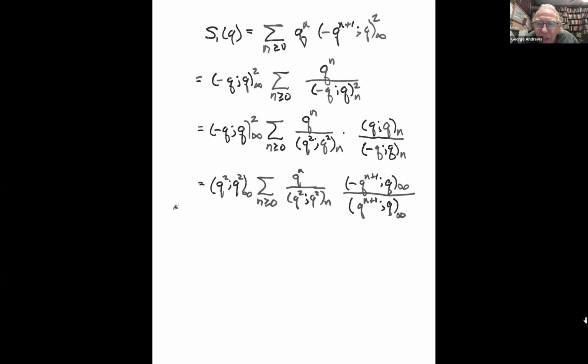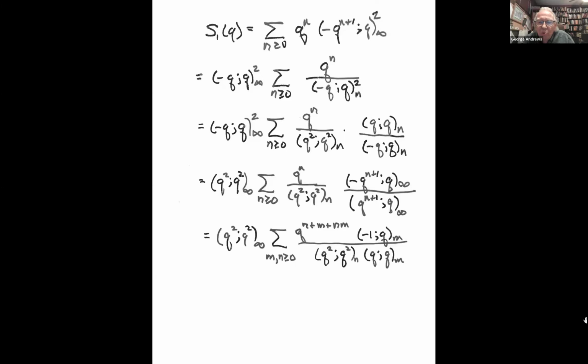And now I'm just replacing the quotient of the final two q-Pochhammer symbols by infinite products. And once you cancel everything out, you'll get back to the previous line. But those infinite products, that quotient of infinite products, expands by the classical q-binomial theorem, so that we get this double sum.